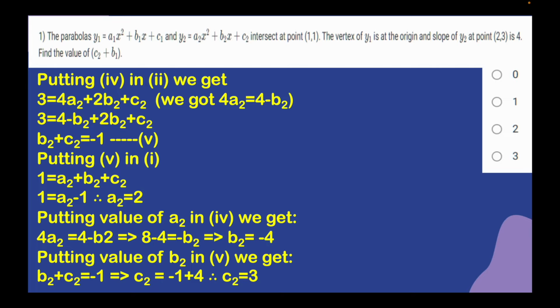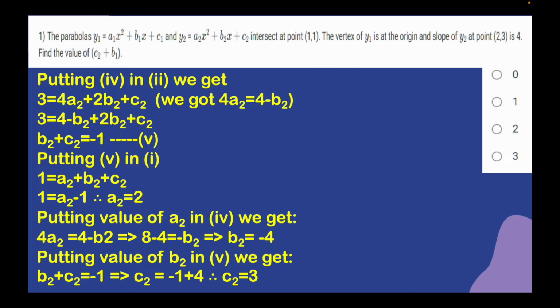Now we put this in equation number 1, which was a2 plus b2 plus c2 equals 1, and we get a2 equals 2. Putting the value of a2 in equation number 4, we get 4a2 equals 4 minus b2, so 8 minus 4 equals minus b2, and b2 is minus 4. Putting b2 in equation number 5, which was b2 plus c2 equals minus 1, we get c2 equals minus 1 plus 4, therefore c2 equals 3.